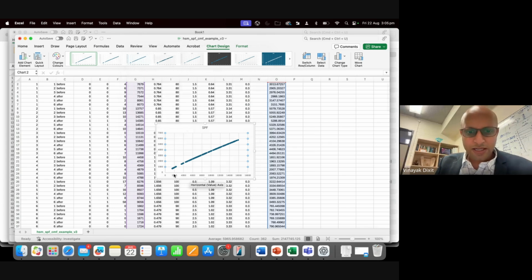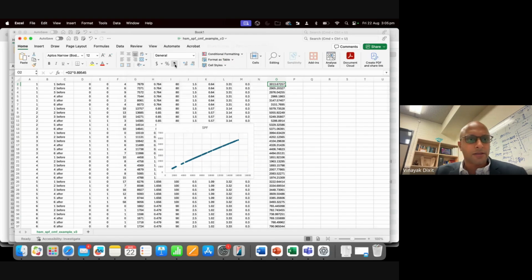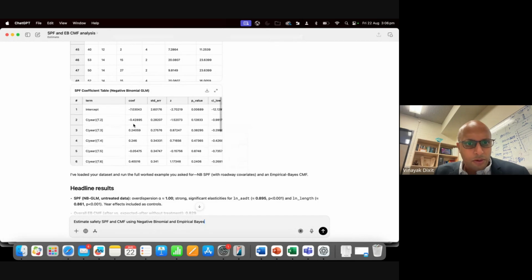What it's basically saying is that for a given value of ADT, the safety performance function is telling you a little less. You also have to multiply this with another term, which is the exponent of the constant. What was the constant? Minus 7.03.